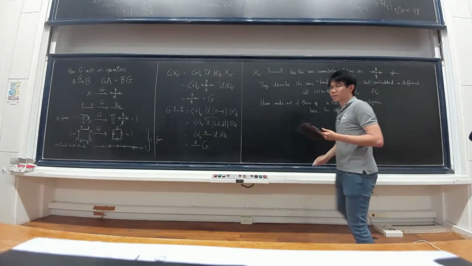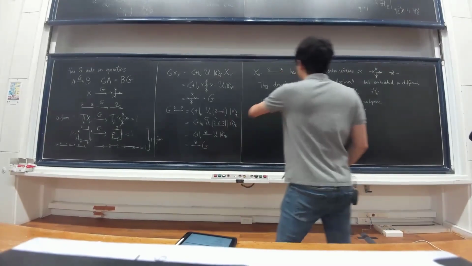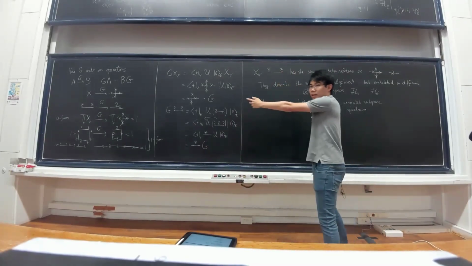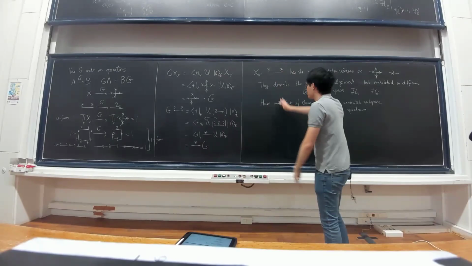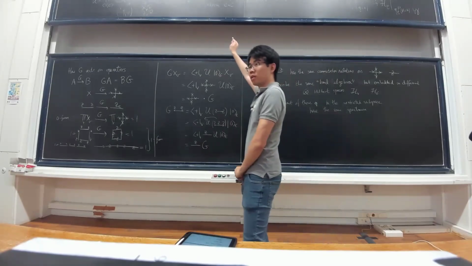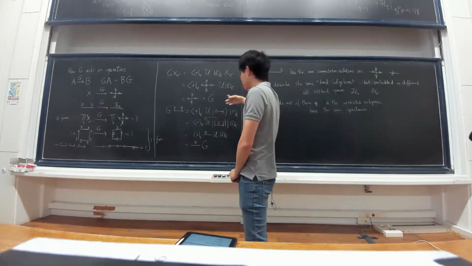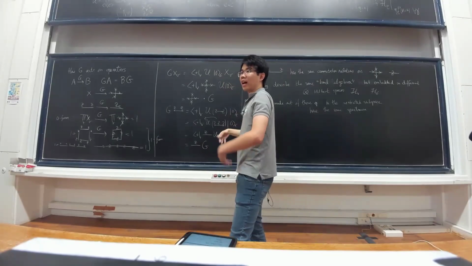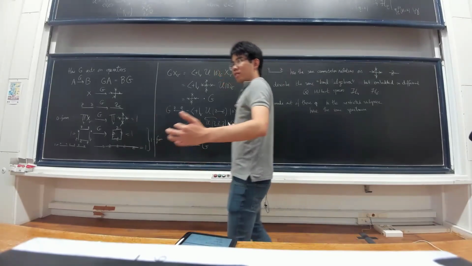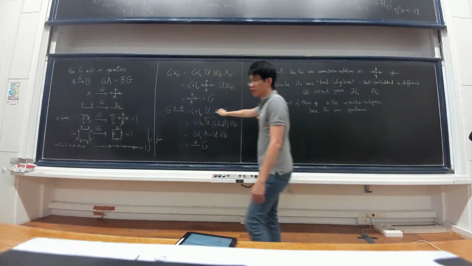So for example, if you restricted the Ising model to the even sector with periodic boundary conditions, and also restrict your Z2 gauge theory to the one-form symmetric sector, then they have the same spectrum. But when you enlarge it, you can still get a degeneracy coming from the symmetry.